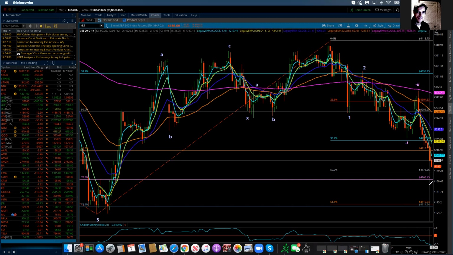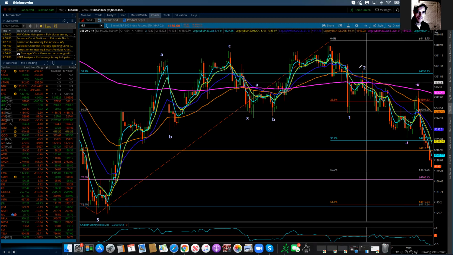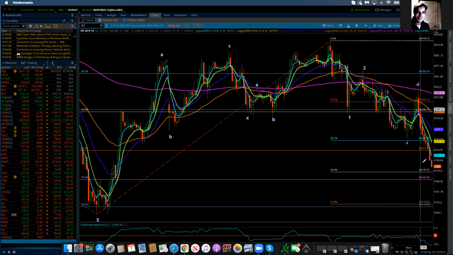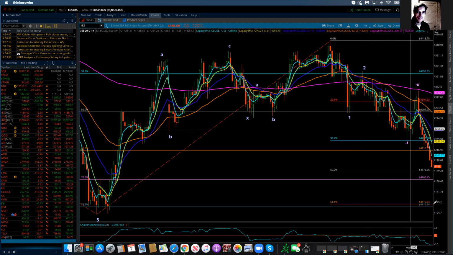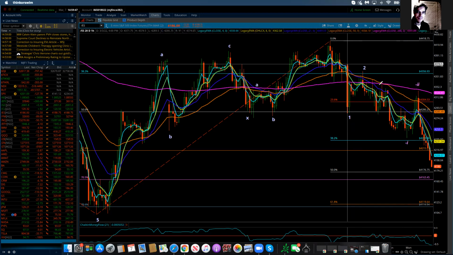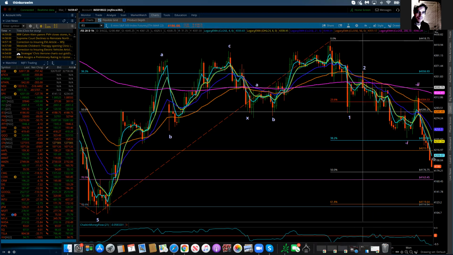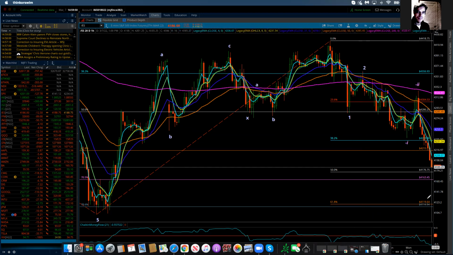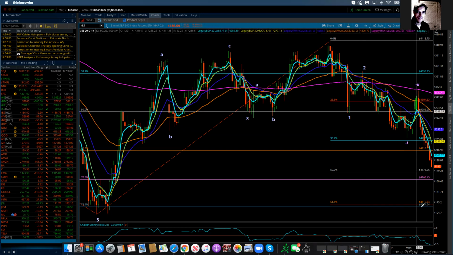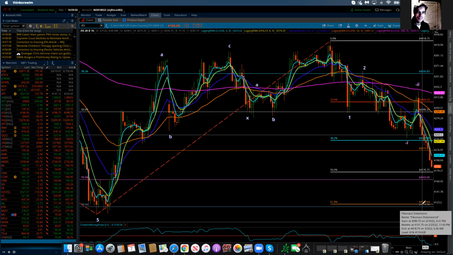Then we drop again to complete the minute. So we got wave 3, 4, and a 5 to complete this 3. Then a 4 and a 5 to complete that 3. I don't think all that's going to happen overnight. I think a lot of it will be coming in tomorrow and possibly starting from a much lower level. So I'm going to leave it there.